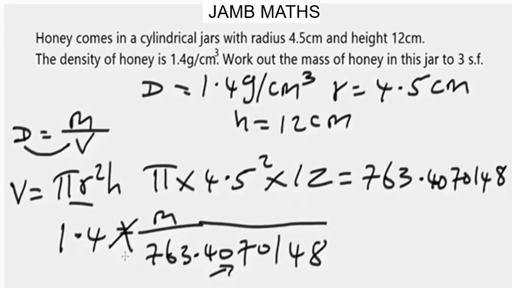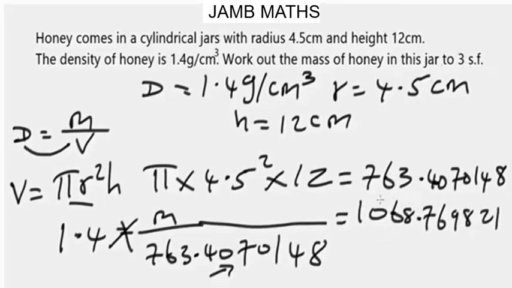Let me punch it in the calculator and see what it's going to give me. When you punch it on the calculator, you're going to have 1068.769821. But remember, we have to leave our answer to three significant figures.